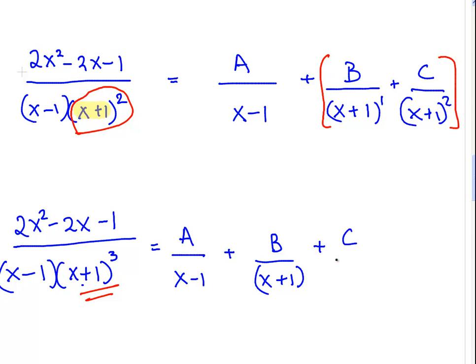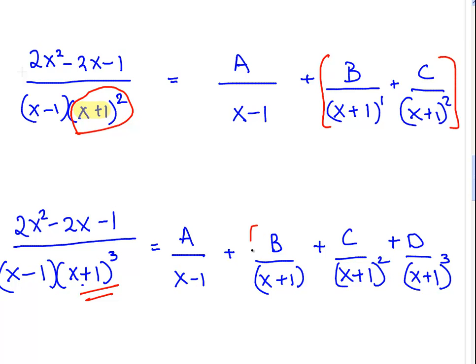So we have plus c over x plus 1 squared, and then plus d over x plus 1 cubed. Okay, so that's how you treat these ones.